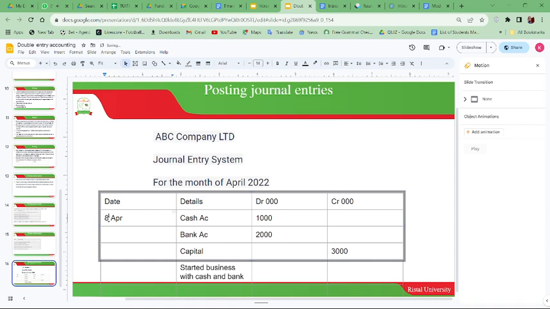So this is A. Here we have bank, and then we have cash. We have stock.